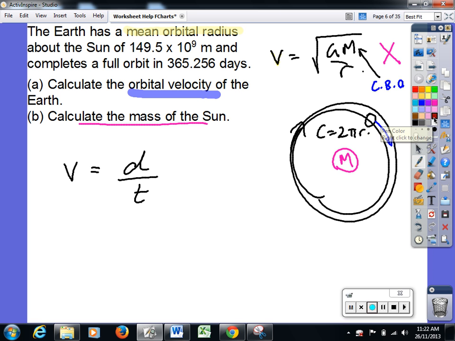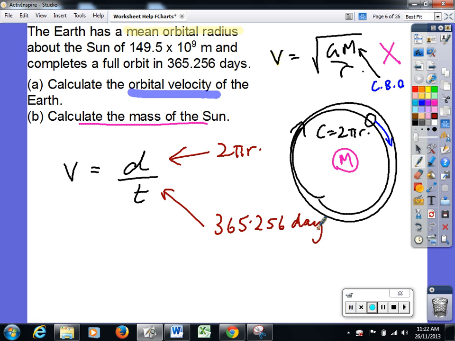So this here is 2 pi r, and we know the time taken is 365.256 days, but remember we want velocity in metres per second. Well, the distance will be in metres because we've got metres up here, but we have to convert this into seconds.